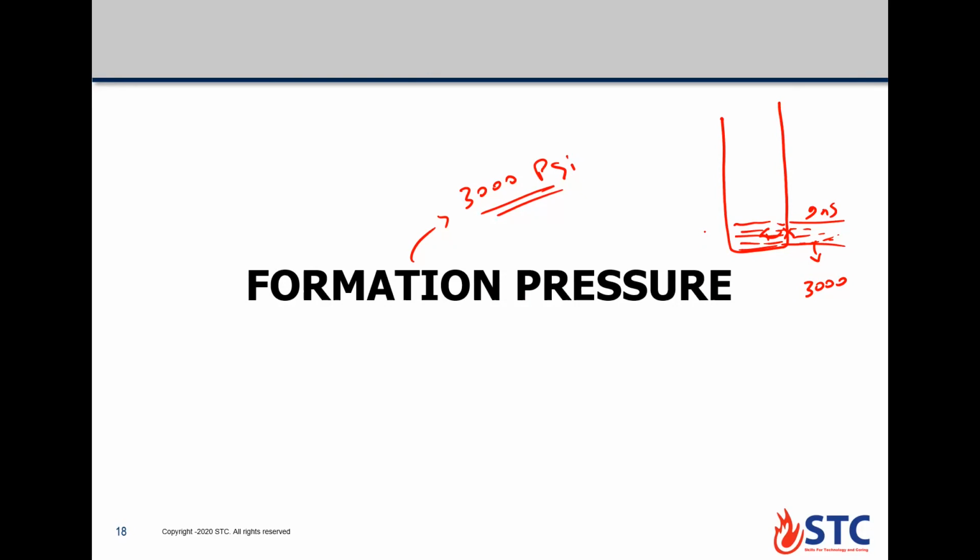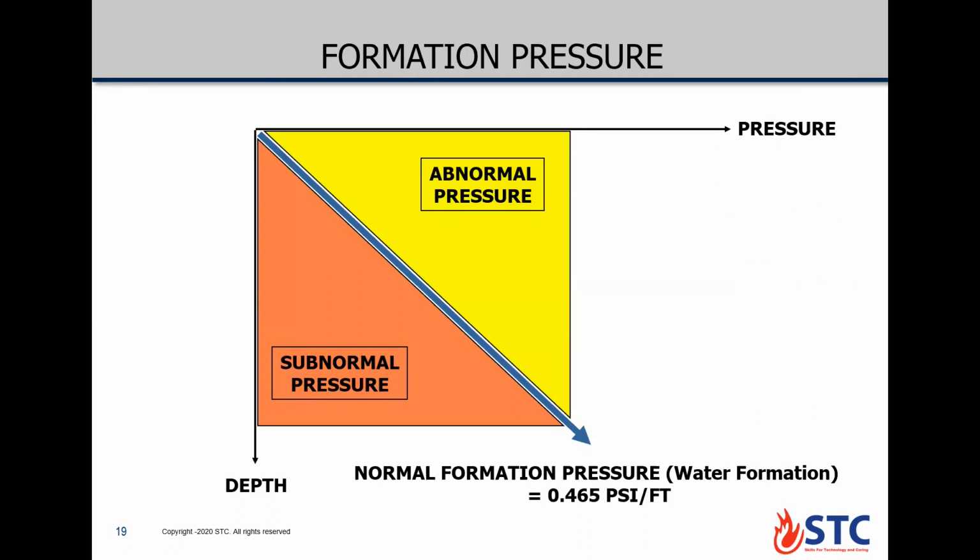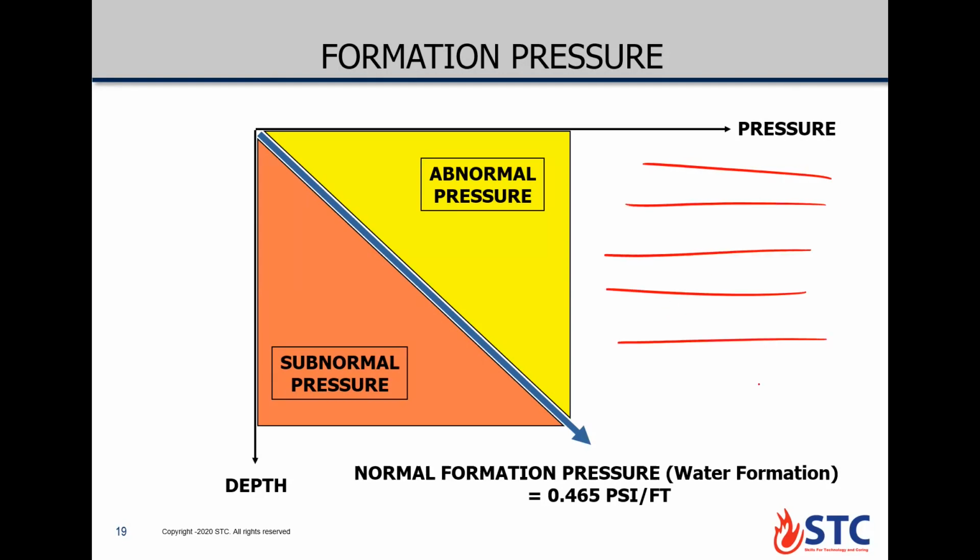Okay, so guys, for the formation pressure, scientists made some calculations for the normal formation pressure gradient. At this point, if your formation pressure gradient is 0.465 psi per foot, it will be a normal formation pressure gradient. So let's see, for example, here our formation like this.